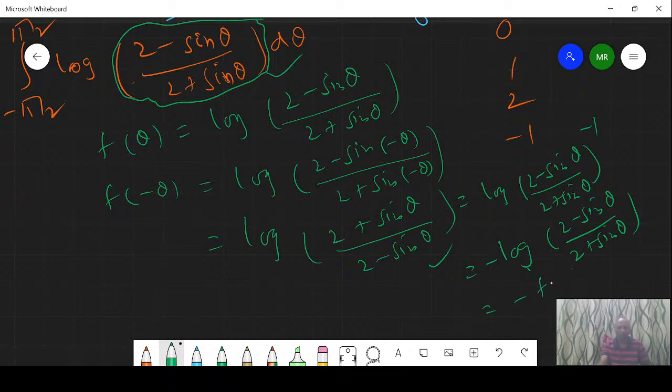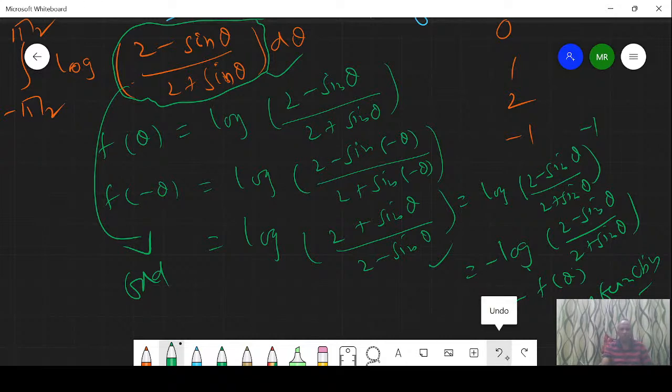When I get minus f of theta, I can say the given function is odd. So f of theta is an odd function.